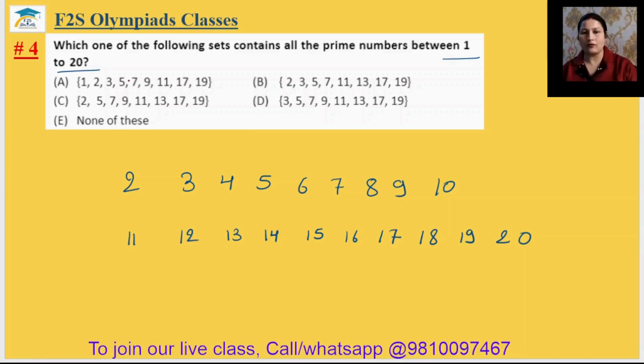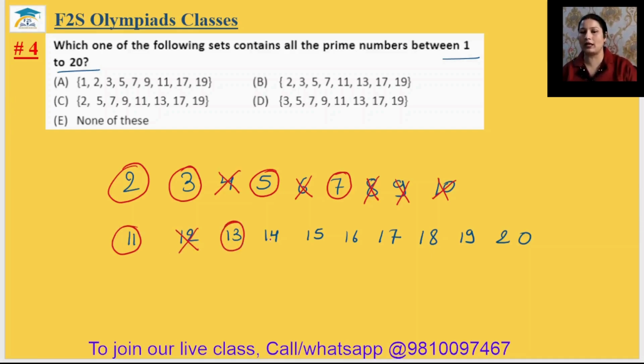Now using Eratosthenes' sieve, we know that 2 is a prime number, 3 is prime, 4 is composite divisible by 2, 5 is prime, 6 is composite divisible by 2, 7 is prime, 8 is composite, 9 is also composite, 10 is composite, 11 is prime, 12 composite, 13 prime, 14 composite, 15 composite, 16 composite, 17 prime, 18 composite, 19 prime, 20 composite.